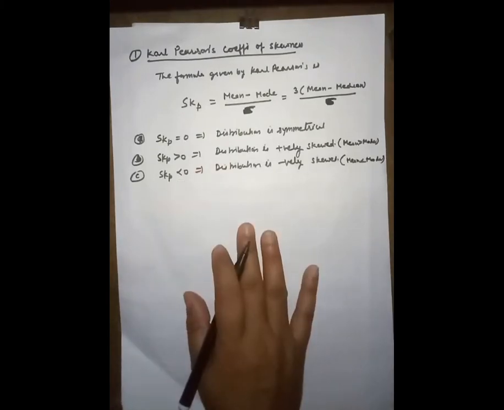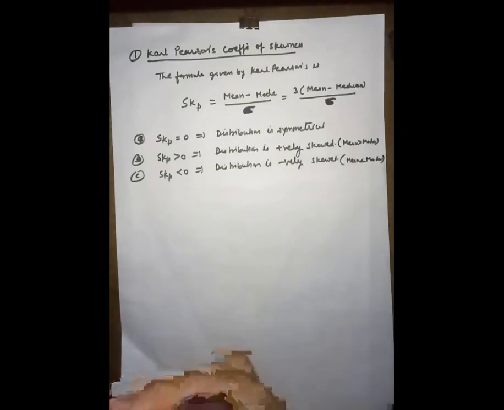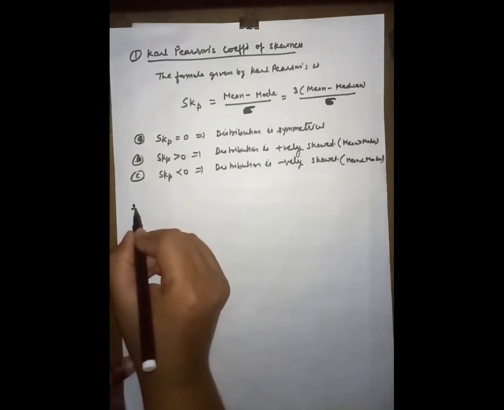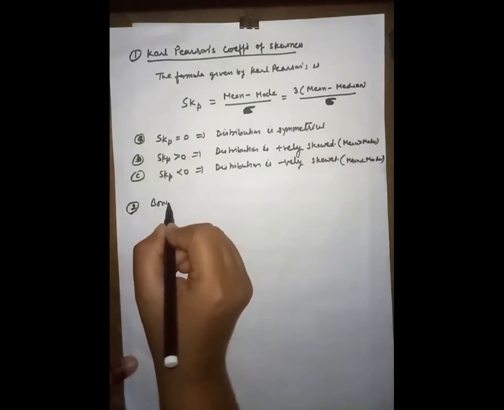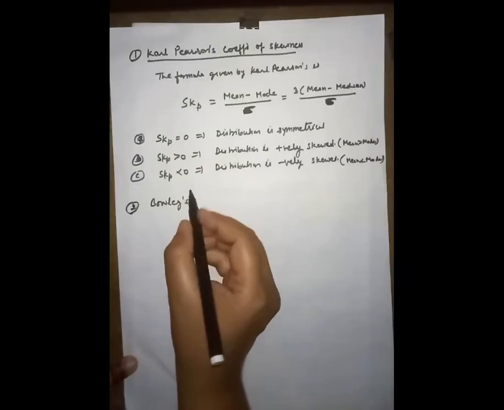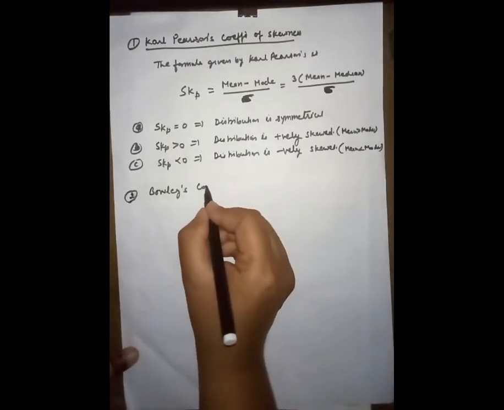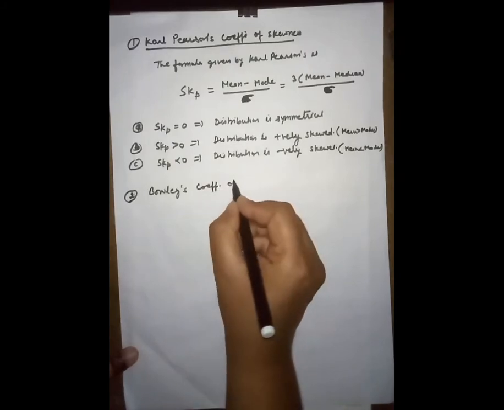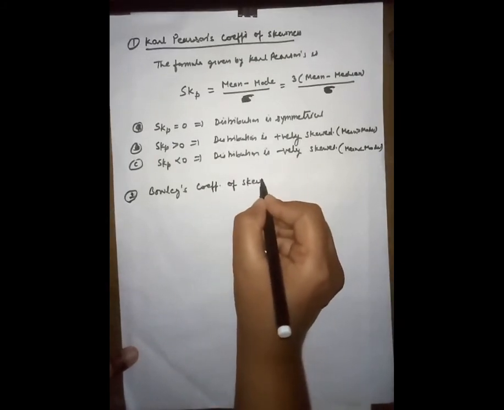Now come to the second measure of skewness, which is Bowley's coefficient of skewness.